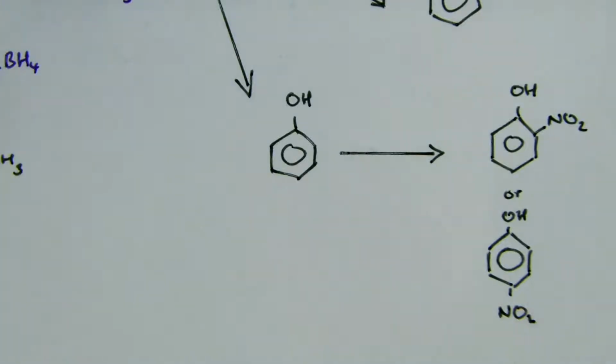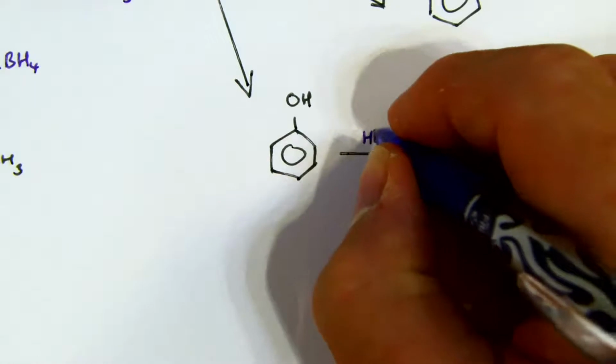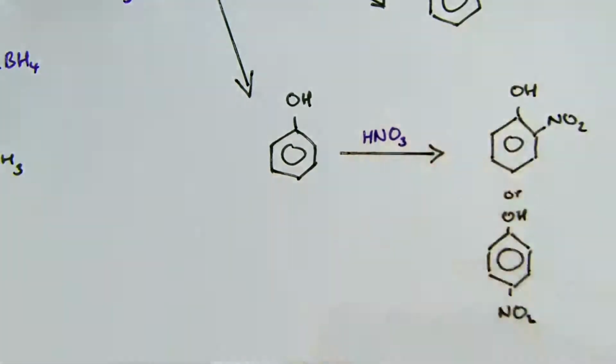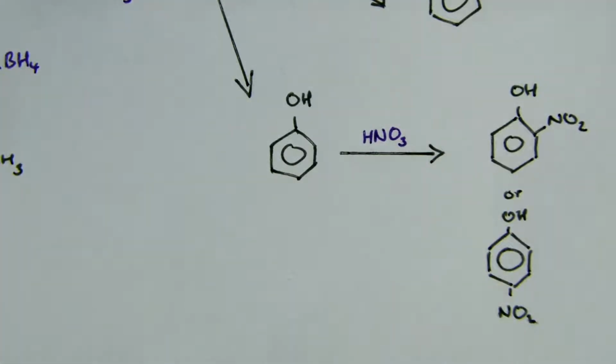And if I wanted to do that, then simply all I'm going to do is add my HNO3 to try and make that. Right. What else could I do with this? Well, I could brominate it, I suppose.